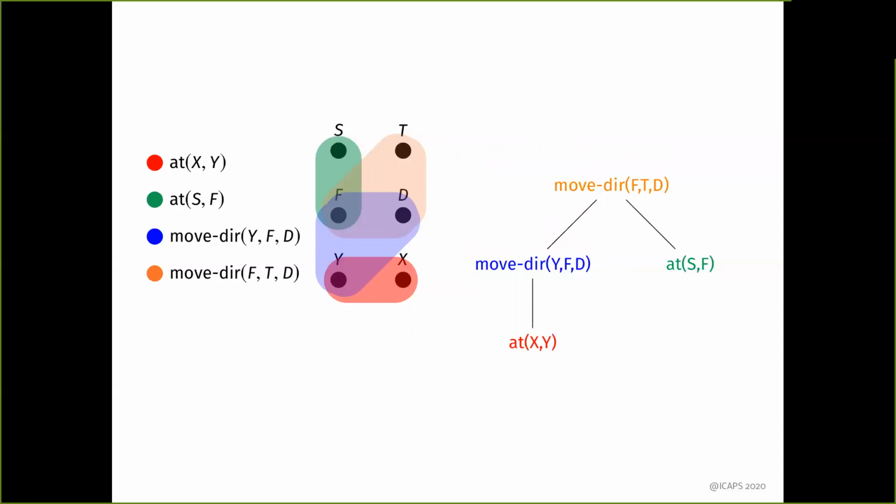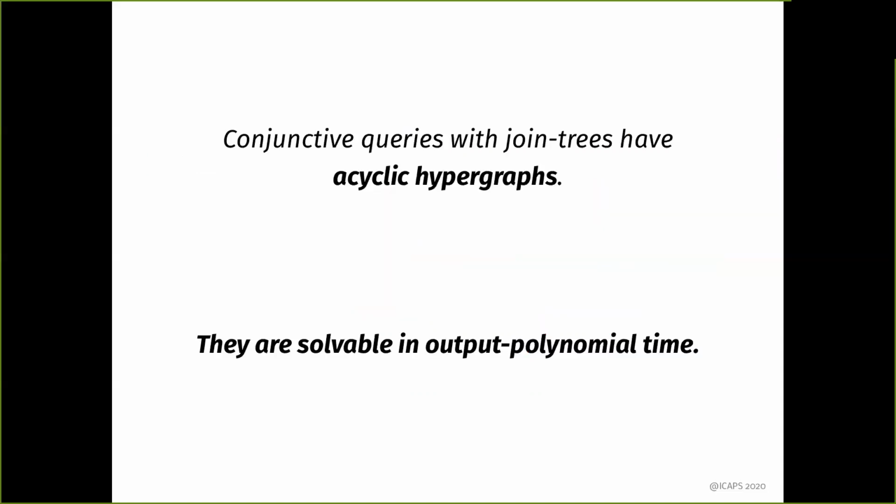So for example here, for free variable f, if we restrict only to nodes containing f, it would be the blue, the orange, and the green one, and it's still a connected subtree because we can see that there's a connection here. And if this happens for every single free variable that you restrict to, then it's a join tree. And you can try by yourself with the other ones, but I can tell you that this is already a join tree. And if a conjunctive query has a join tree, as I said, it's an acyclic hypergraph.